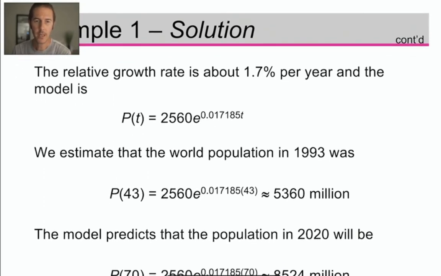Now we're being asked to estimate the world population in 1993. The year 1993 is 43 years after the year 1950, which is why we're seeing the number 43 right here and right here. And that's just pure calculator work. Type that in.